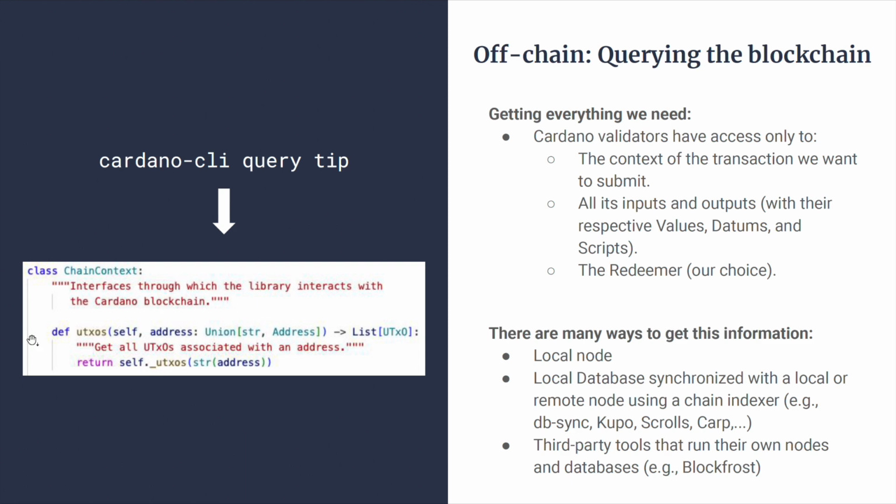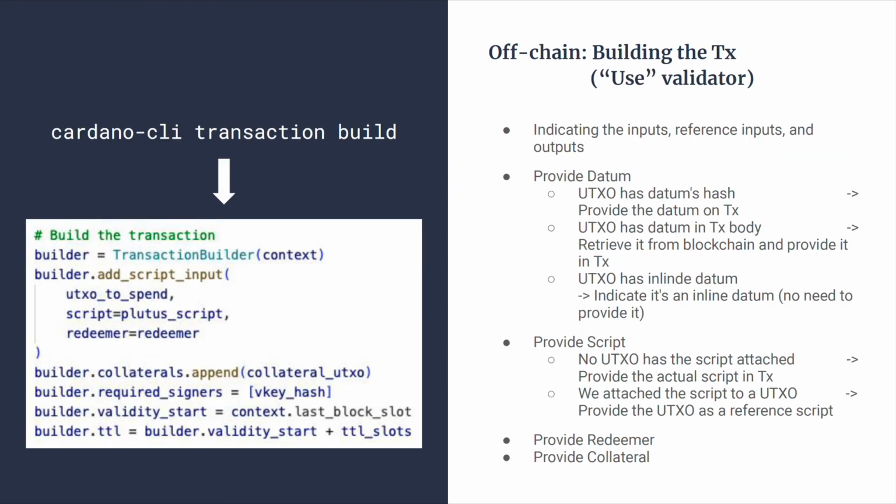And here on the left you just see the PyCardano equivalent of these Cardano CLI query commands. If you have a chain context in PyCardano, there's this method for getting UTXOs that are at a certain address.